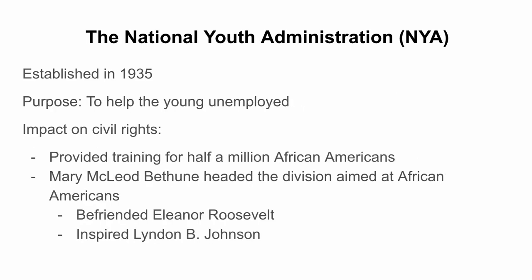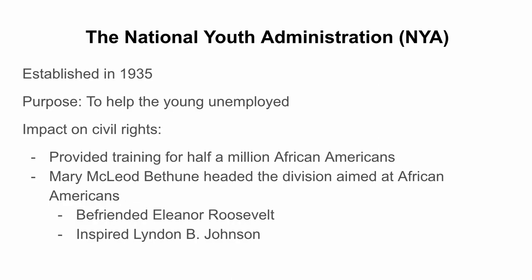Next up is the National Youth Administration, the NYA, established in 1935 to help the young unemployed. It provided training for 500,000 African Americans. The African American division was headed by Mary McLeod Bethune, who was a friend of Eleanor Roosevelt, and I'll talk more about that in my general revision video for topic 3.